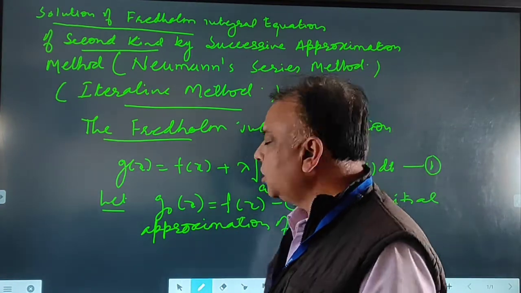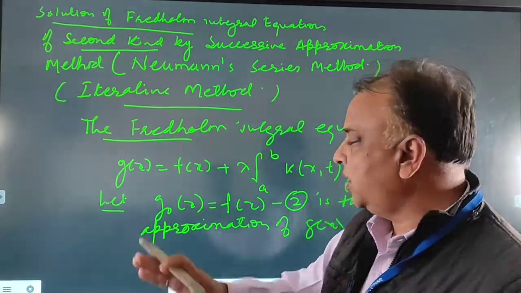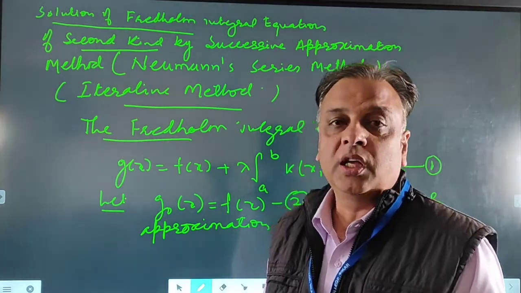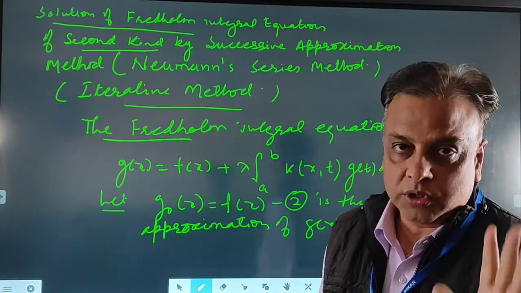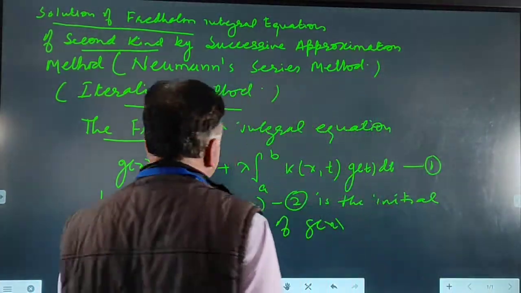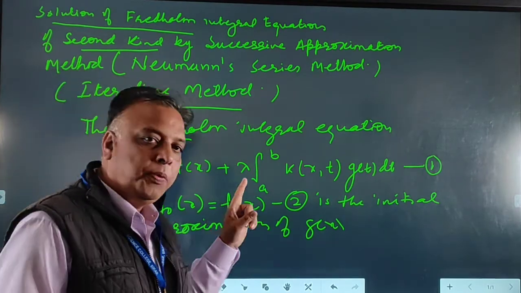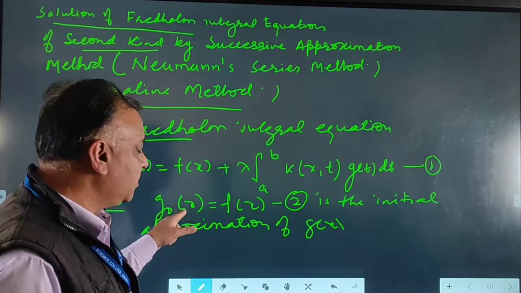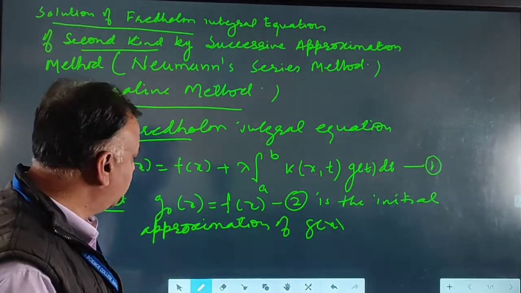So the initial solution of this problem is g0(x), and g0(x) = f(x). We have assumed that this is the initial approximation. Now the process starts from here. This is known as the zero approximation, or initial approximation.